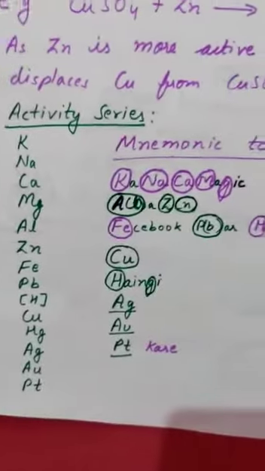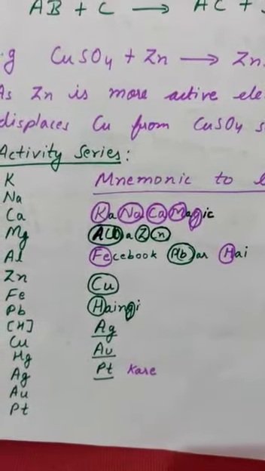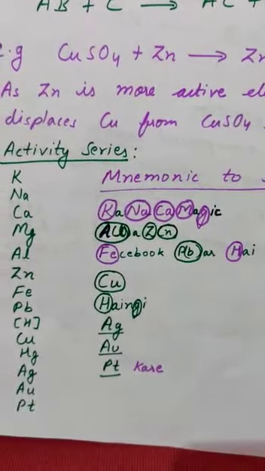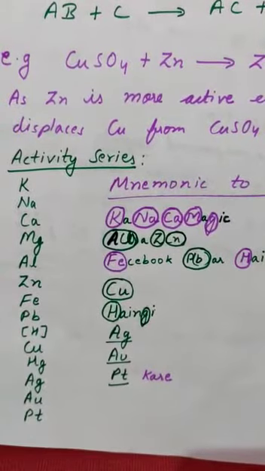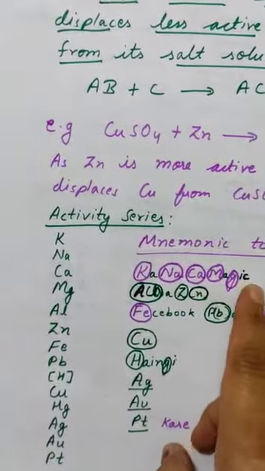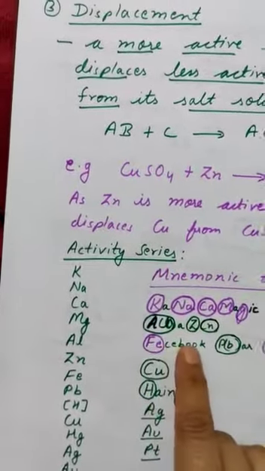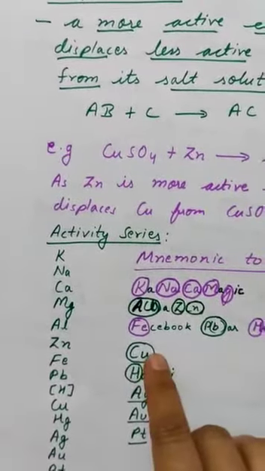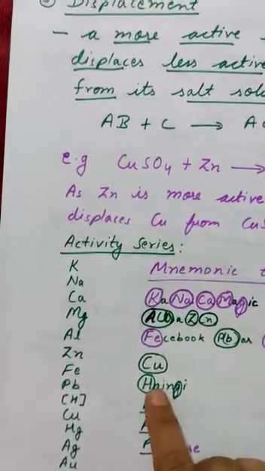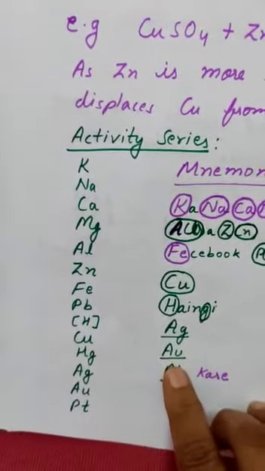Now this activity series can be learnt by using this mnemonic which I have made for you, that is कान्हा का मैजिक आज फेसबुक पे है, क्यों है जी ए जी आओ पीटी करें. कान्हा का मैजिक, आ एल्यूमिनियम zinc, फेसबुक पे that is lead, है हाइड्रोजन, क्यों Cu copper, है जी that is mercury Hg, Ag, आओ पीटी करें.